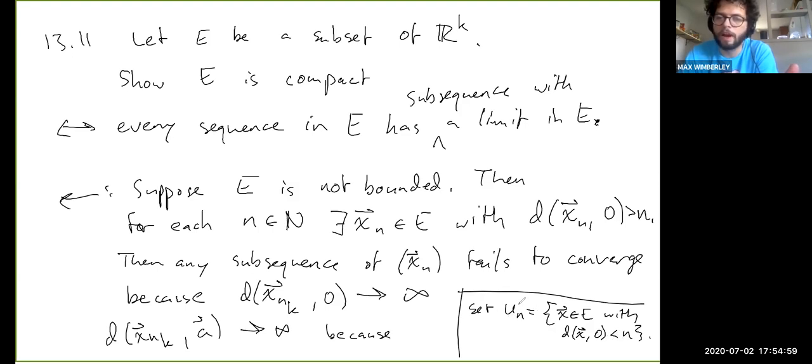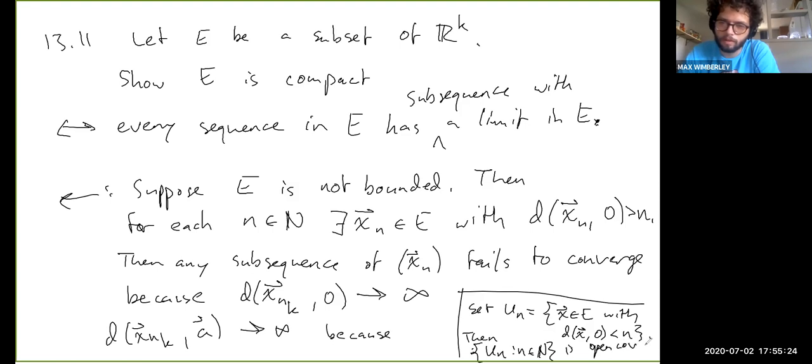Then un is the ball of radius n around the origin, right? And it's open. So each un is an open set. So the set of all un is an open cover.